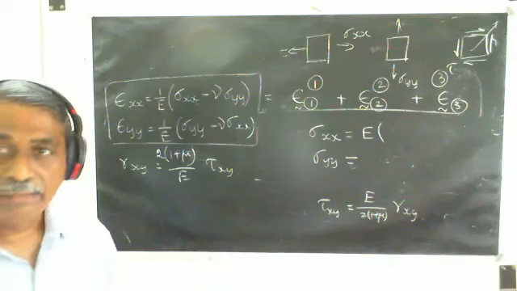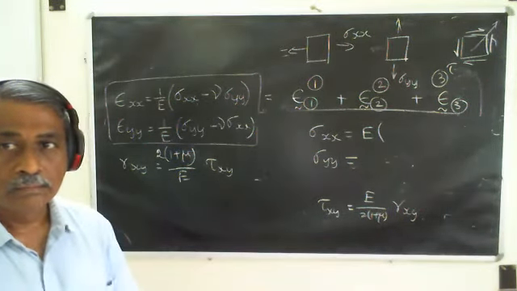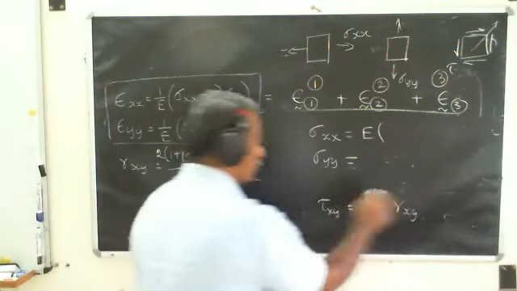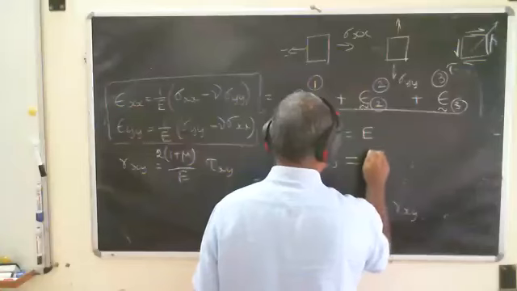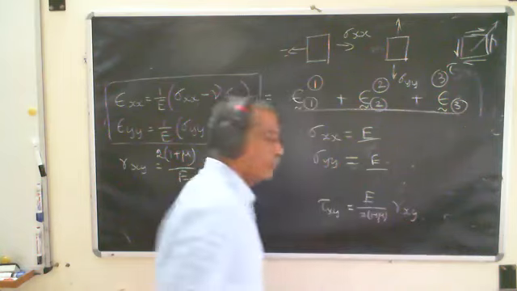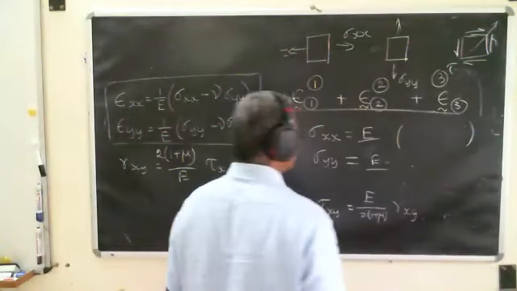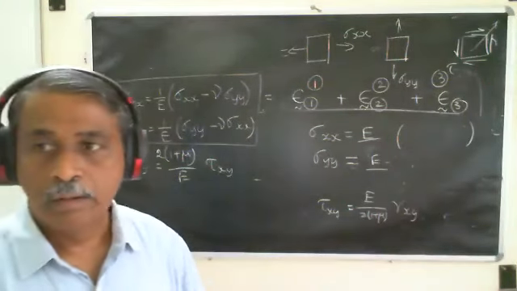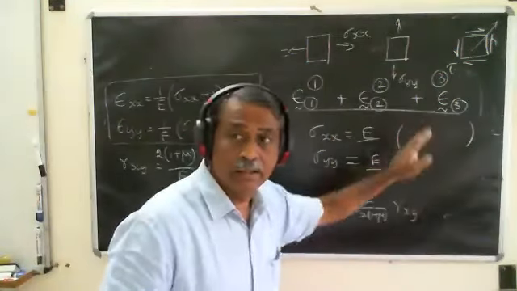What would that be? E into epsilon xx plus nu sigma yy. Sigma shouldn't come this side.